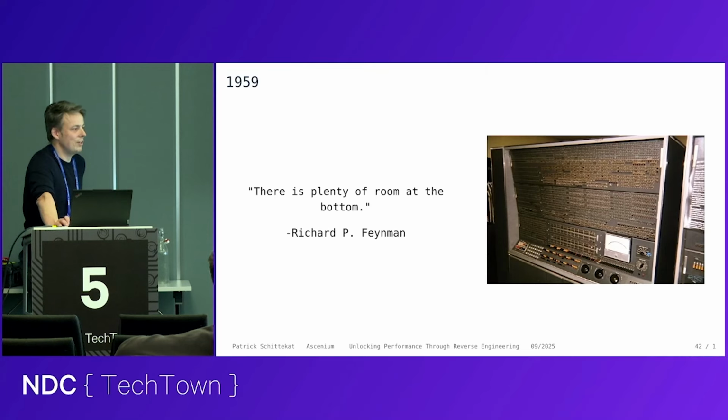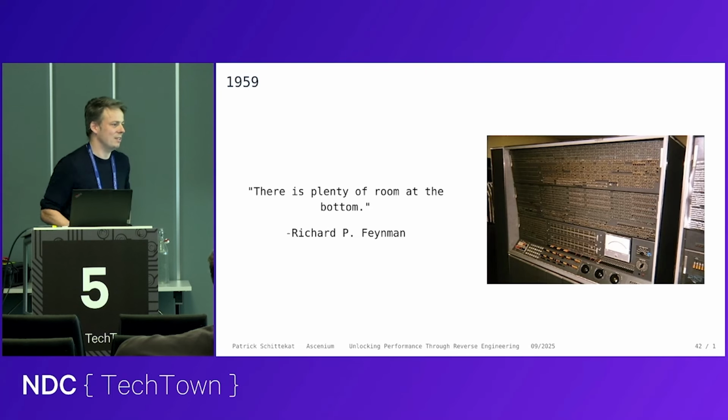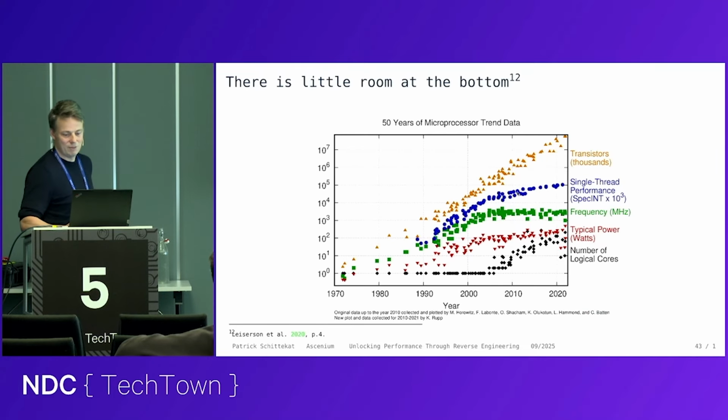In the beginning, Richard Feynman said there is plenty of room at the bottom. I mean, in the hardware, we can do faster things. But nowadays, even though we have more transistors, single thread performance is kind of in decline, and we really want to improve that.